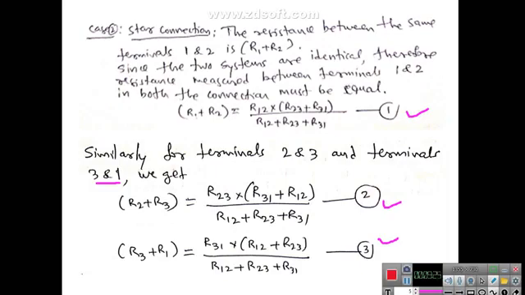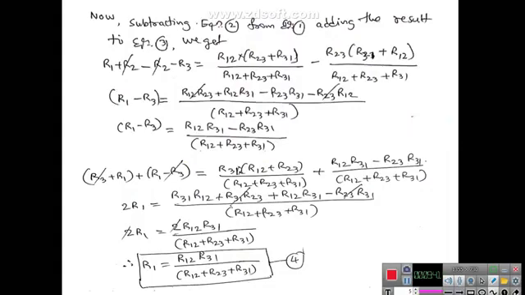Those equations should be satisfied if you want to transform the delta connection into star connection. Now, once you measure the resistance between the terminals, you have the equations 1, 2, 3 from the previous slide.